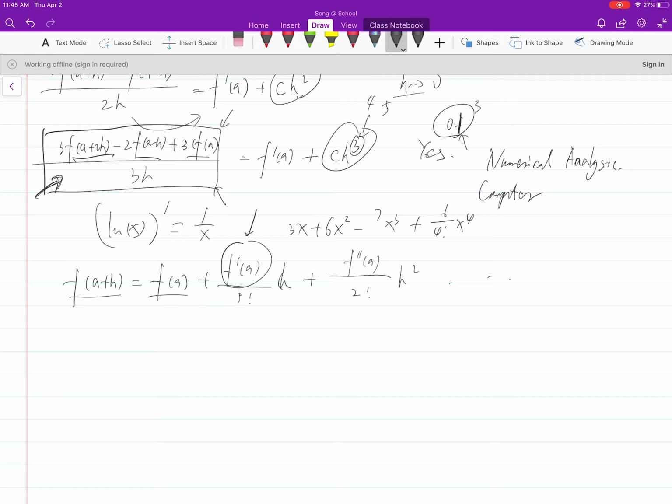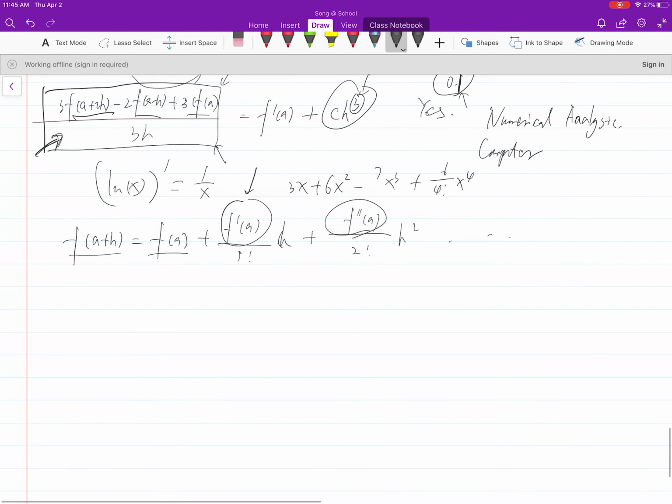Because number one, Taylor expansion. Number two, f prime a is in the Taylor expansion. But then you start to wonder, f double prime a is also in the Taylor expansion. Does it mean that my second derivative can also be approximated with some formula here?